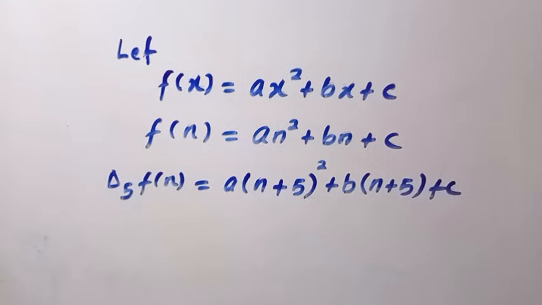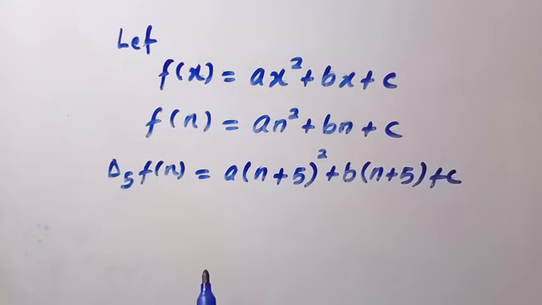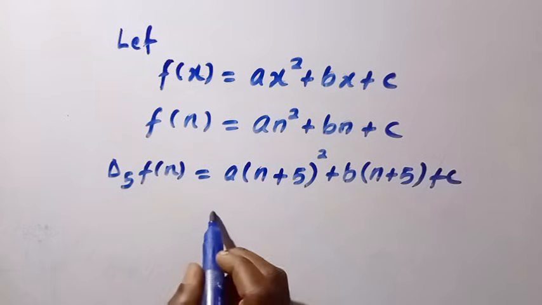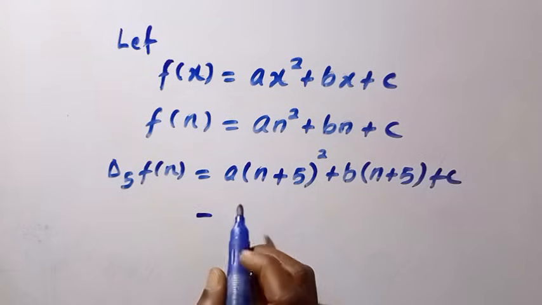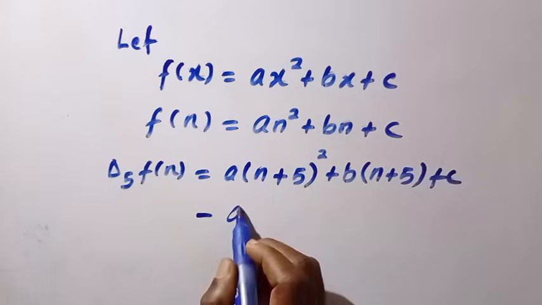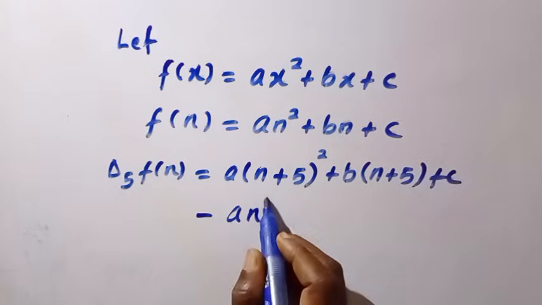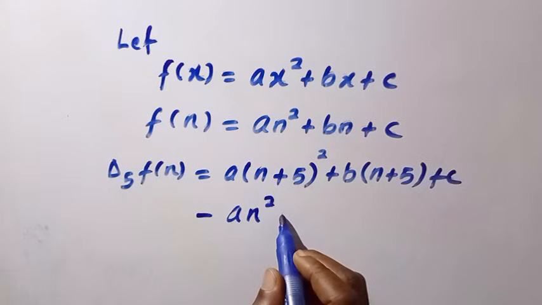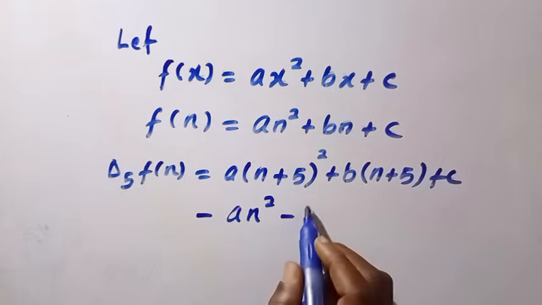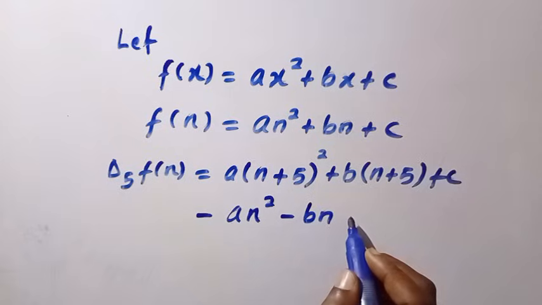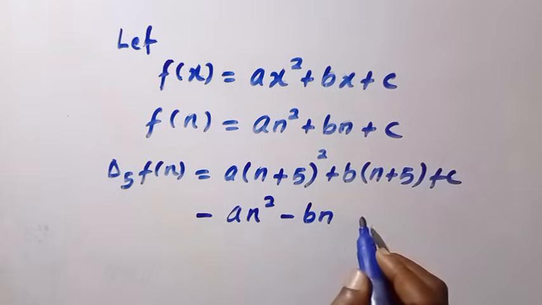After getting this, we subtract from each other, that is, minus an squared, minus bn, and minus c.